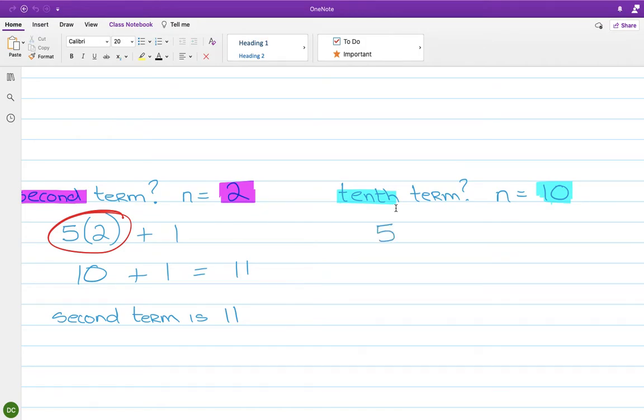This time I'm going to multiply it by 10 and add 1. 5 multiplied by 10 is 50, plus 1 is 51. So the 10th term of this sequence is 51.